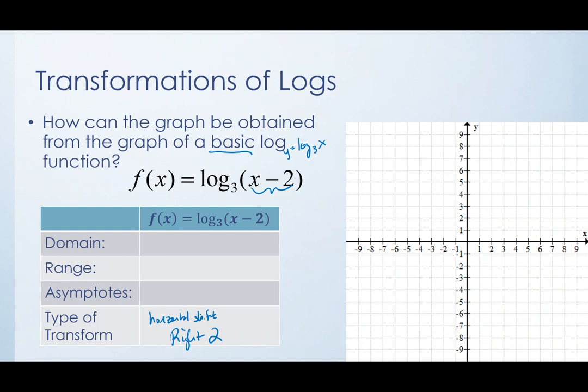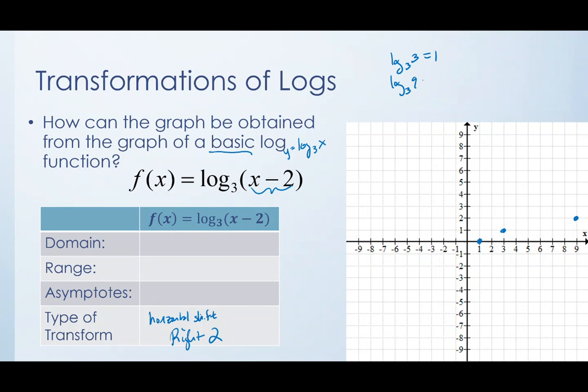So we could say, okay, well, I know my general shape of a log function is going to look roughly like that, but we know a couple of points, right? Log base 3 of x, anything to the 0 power is 1. So 1, 0, we would have 3, 1, we would have 9, 2. We know these points, right? Because log base 3 of 3 is 1, right? 3 to the 1 equals 3.